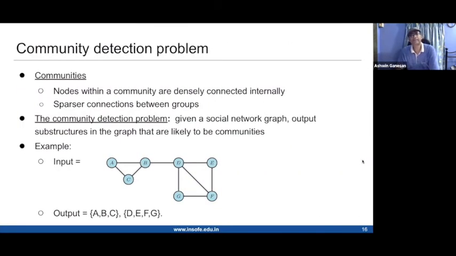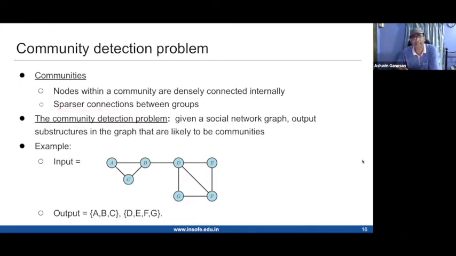So here's the basic community detection problem. A community is a subset of nodes such that all the people in the subset know each other very well. Nodes within a community are densely connected internally, and between the different communities, the connections are quite sparse.